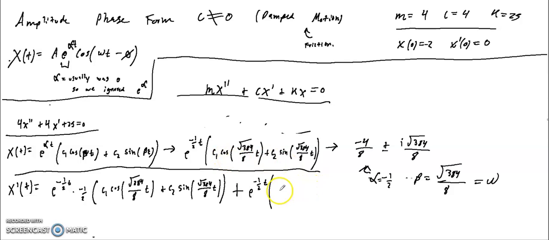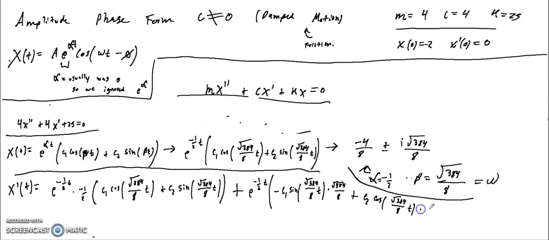And the derivative of cosine is negative sine, so negative c1 sine of radical 384 over 8 t times, we have the chain rule, so times another radical 384 over 8, plus the derivative of sine is cosine, so c2 cosine of radical 384 over 8 t times radical 384 over 8, all times that e to the negative 1/2 t. So let me just clean this part up.